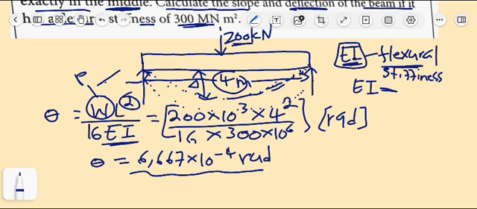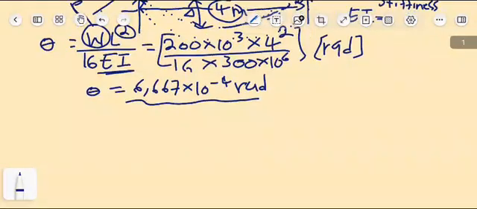Now we want the deflection that will take place. The deflection is denoted by delta.